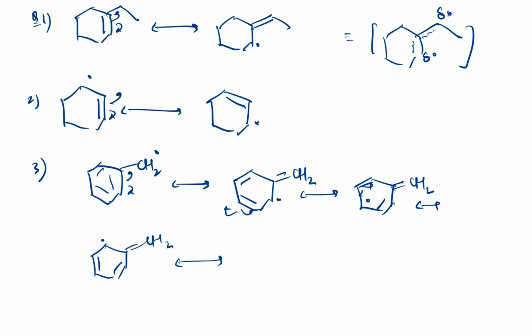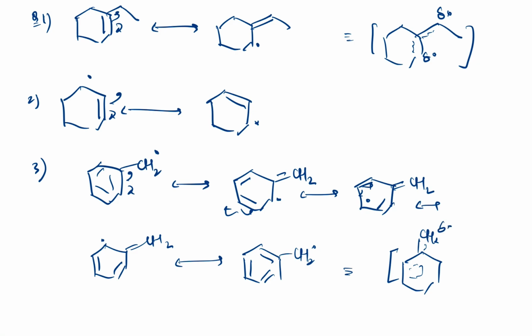And here we have again a CH2 free radical, which will break like this. So how will the resonance hybrid look? Again, it will be CH2 with delta free radical, delta free radical, and delta free radical.